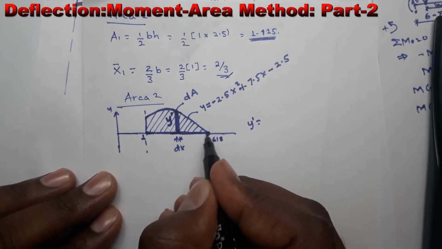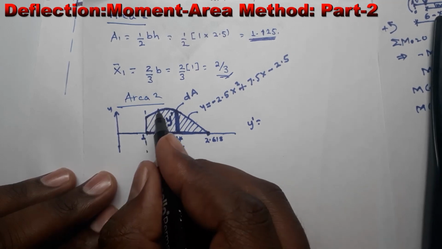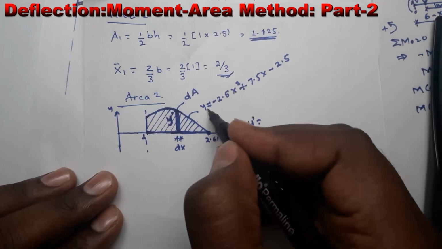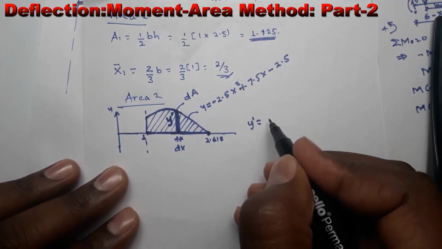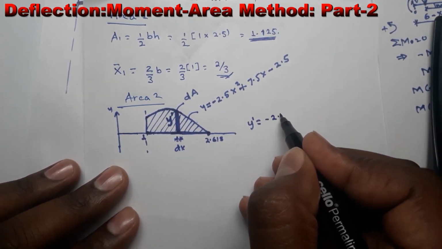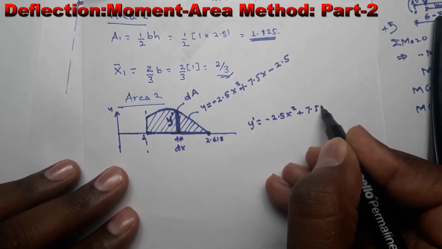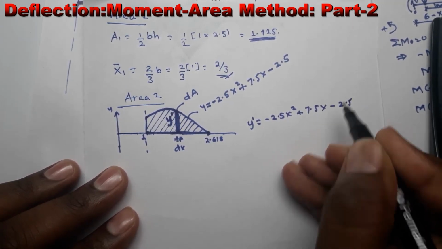The bottom function is y equal to 0, and the top function is this one, so this minus 0 will be itself. So y prime equals negative 2.5 x squared plus 7.5 x minus 2.5.